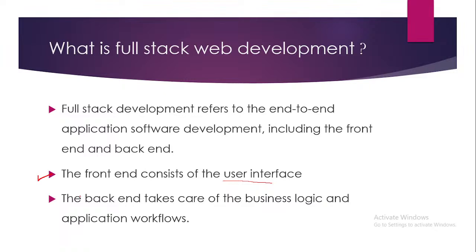And the second part is a back-end application, where the business logic is developed, where the processing of the user request is done. That is called a backend. So full stack consists of developing backend as well as front-end applications. So it is called full stack web development.